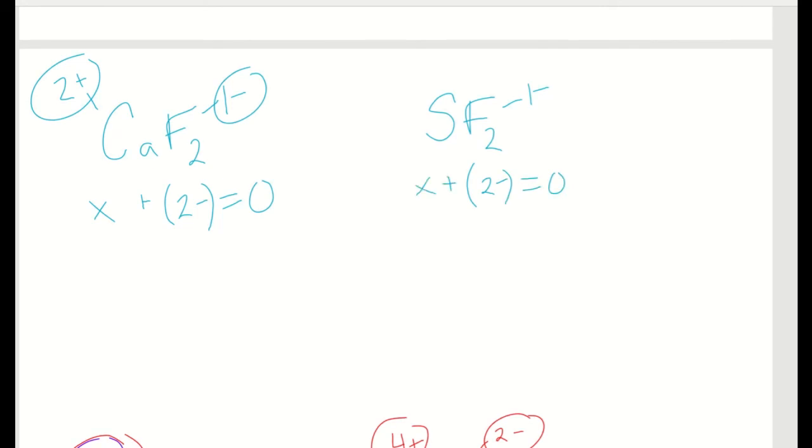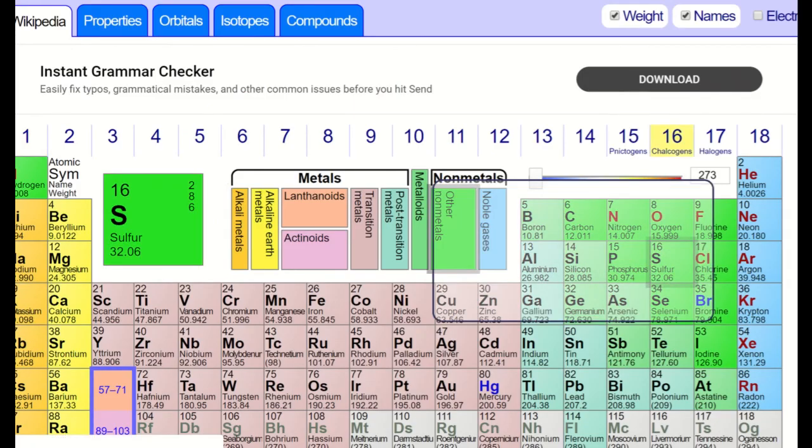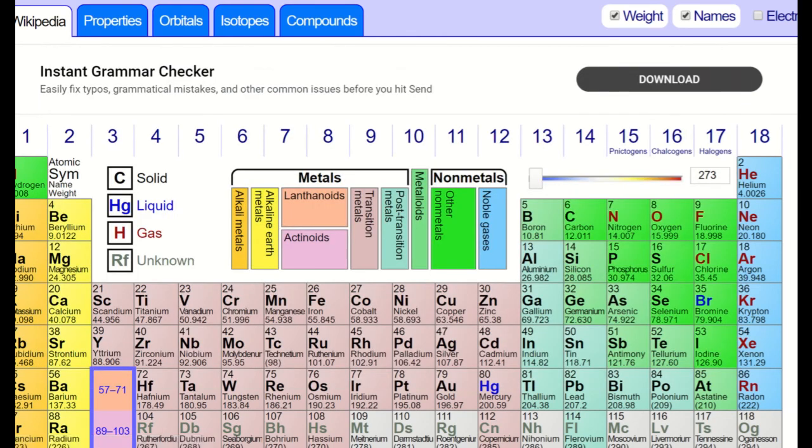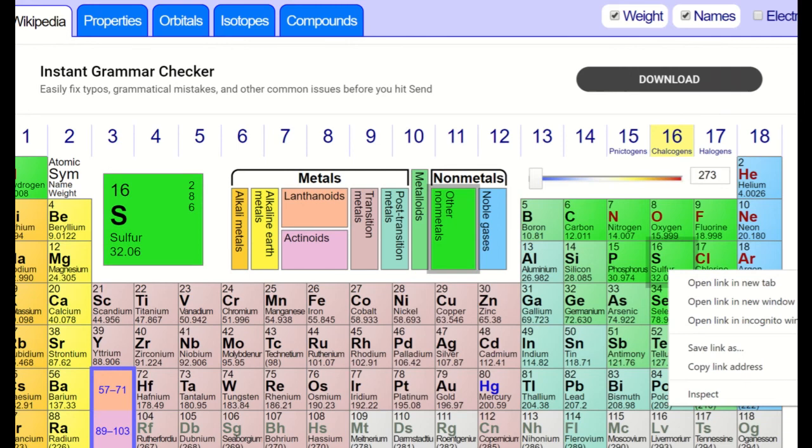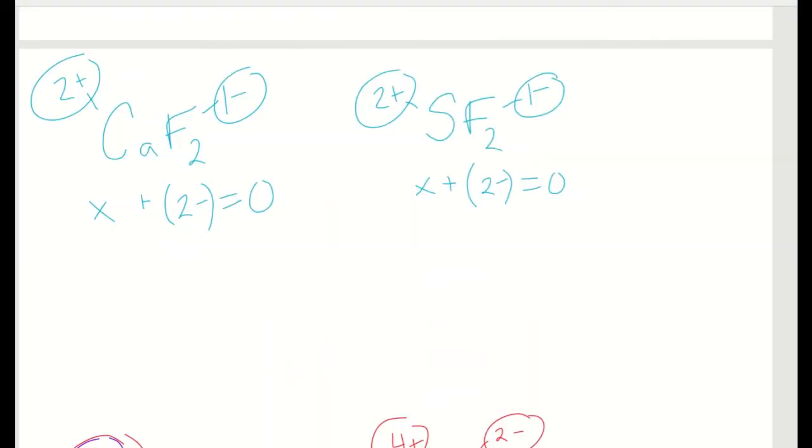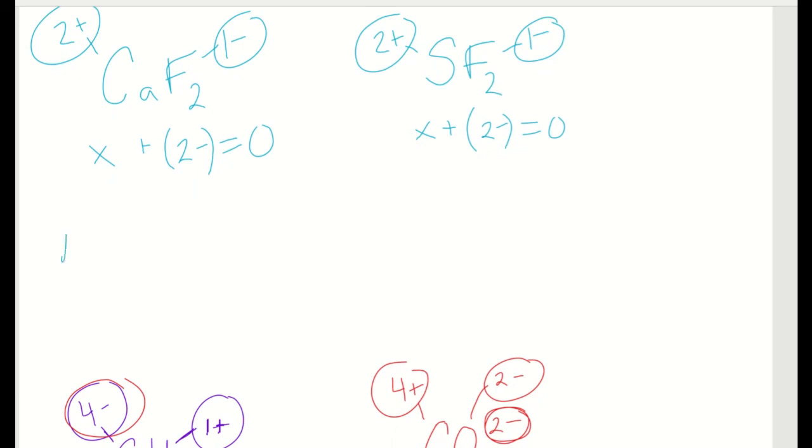But sulfur here, you can't always follow the periodic table. In this case, sulfur has to be 2 plus because it's giving its electrons to fluorine. So even though it's in the same column as oxygen on the periodic table, you have to look at what it's bonded to. So it's not always going to be the charge. That's what makes oxidation numbers different.